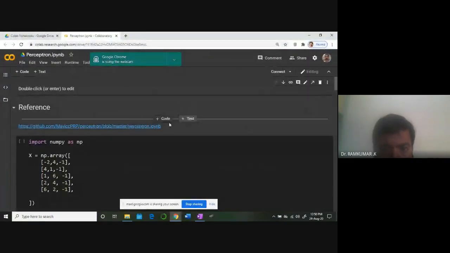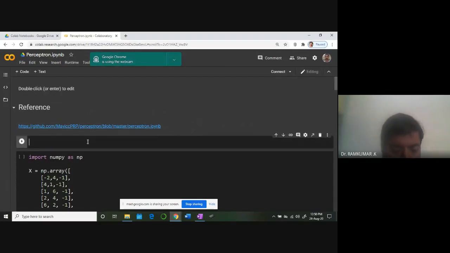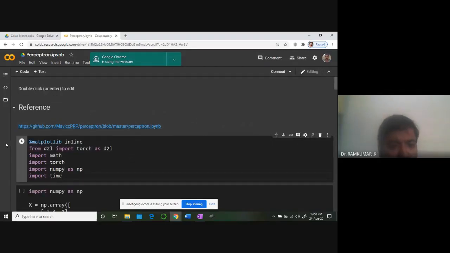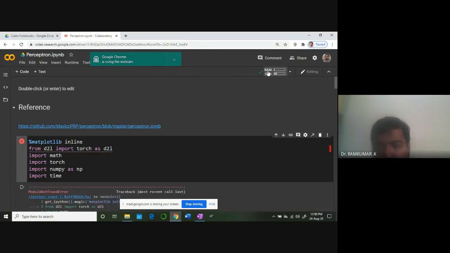Open your code, type your code directly and you can run it. It's a cloud server based application. You can run your code immediately. It's initializing and connecting to the cloud. Okay, it's connected to the cloud.